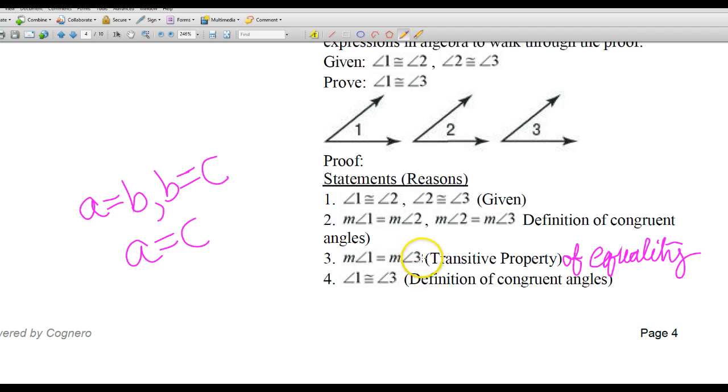And then finally we use the definition of congruent angles again because we just said that they have the same measure. Since they have the same measure, then we can say that the angles are in fact congruent. So angles that have the same measure will be congruent angles by the definition of congruent angles.